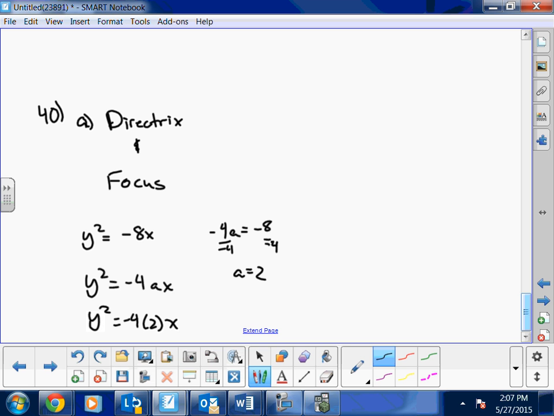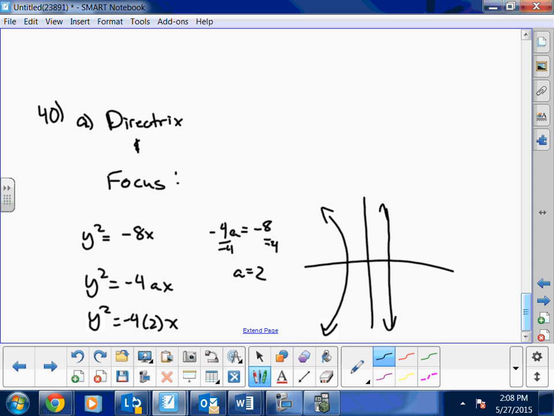So with this one, since it's opening to the left, we basically have one that looks like this. This is a general scheme of things. My directrix is going to be x equals 2.